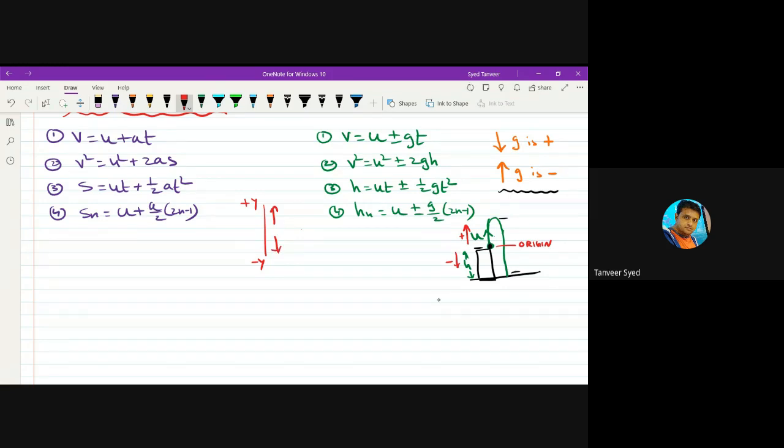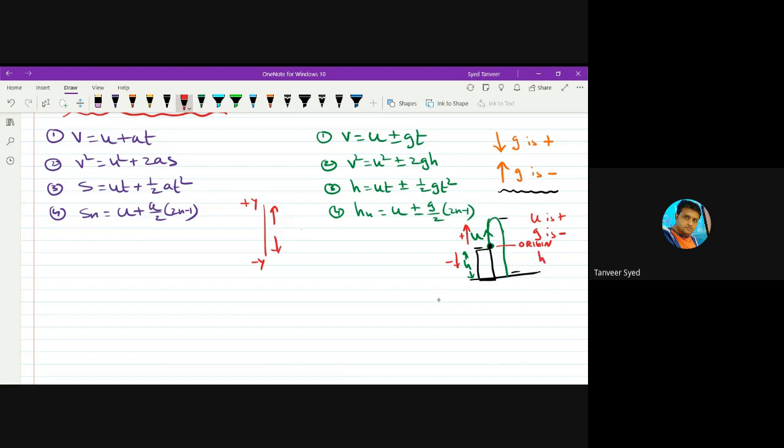So here the initial velocity u is in upward direction, so u will be positive. Then acceleration due to gravity g, what is its direction? g always acts vertically downward, so g is negative because it is acting in downward direction.